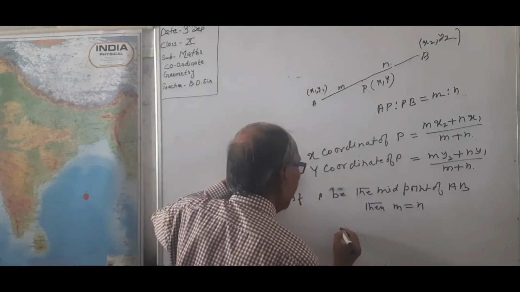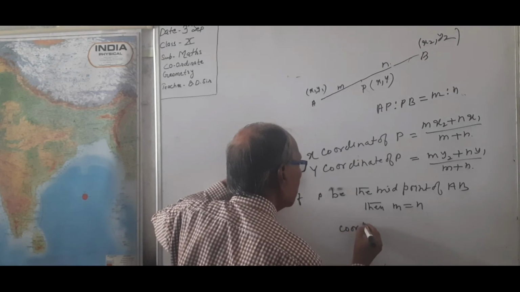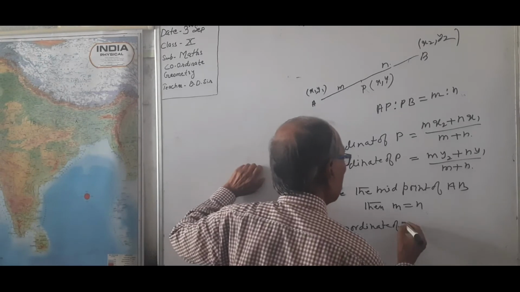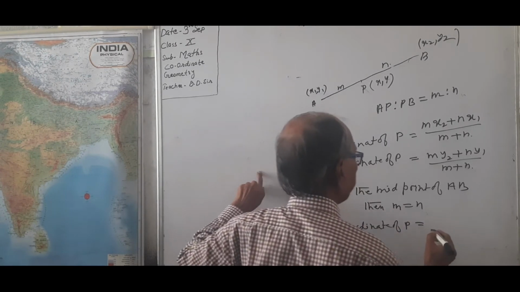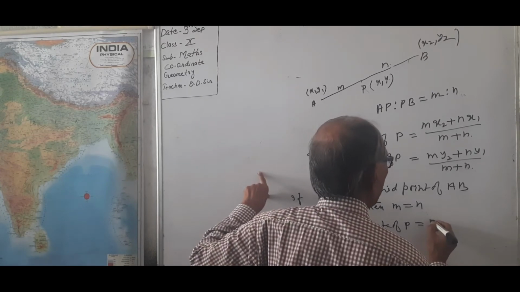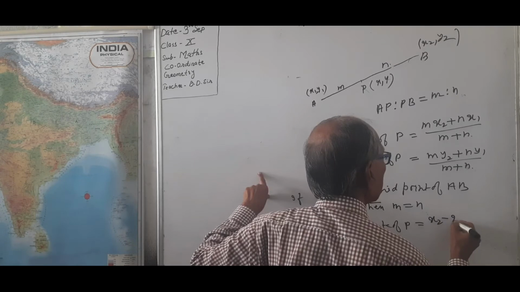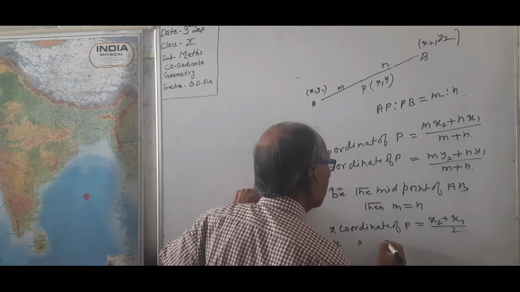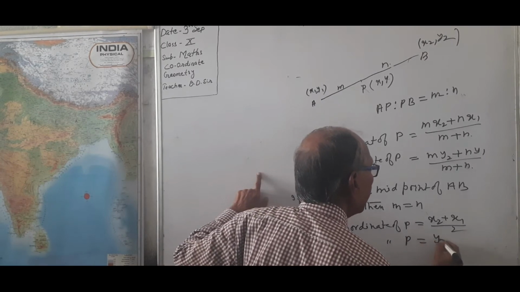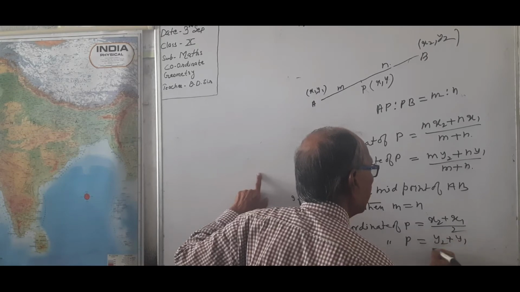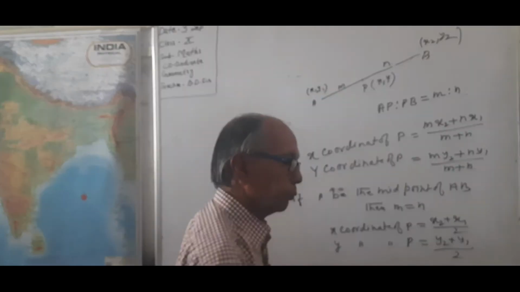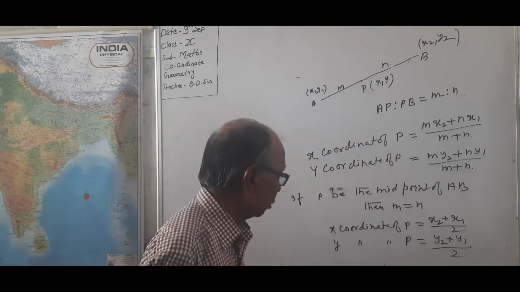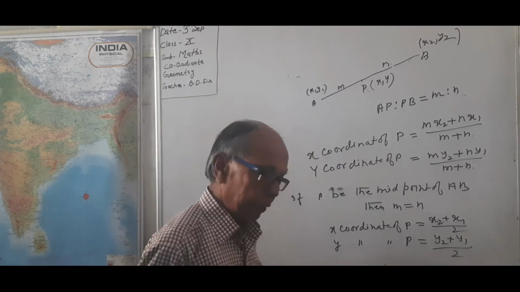Therefore, x coordinate of P is equal to x2 plus x1 by 2, and y coordinate of P is equal to y2 plus y1 by 2. No matter if you say x coordinate of P is equal to x1 plus x2 by 2 and y coordinate of P is equal to y1 plus y2 by 2.